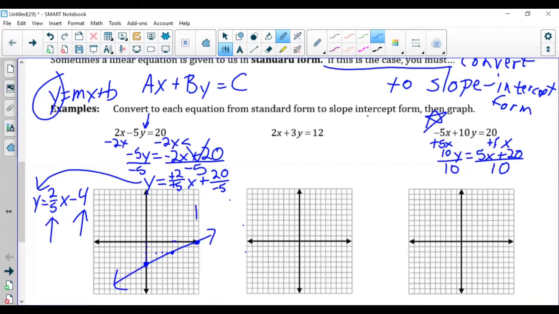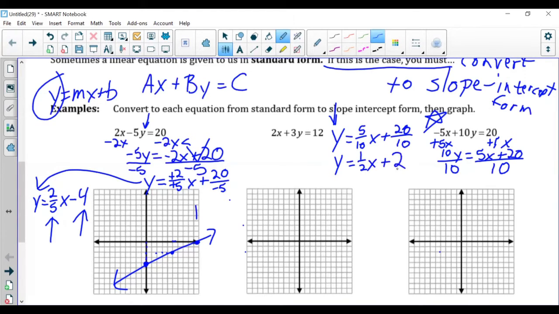Moving over here so I've got some space. So I get y equals 5/10 x plus 20 divided by 10. And now let's simplify. y equals 1/2 x plus 2.